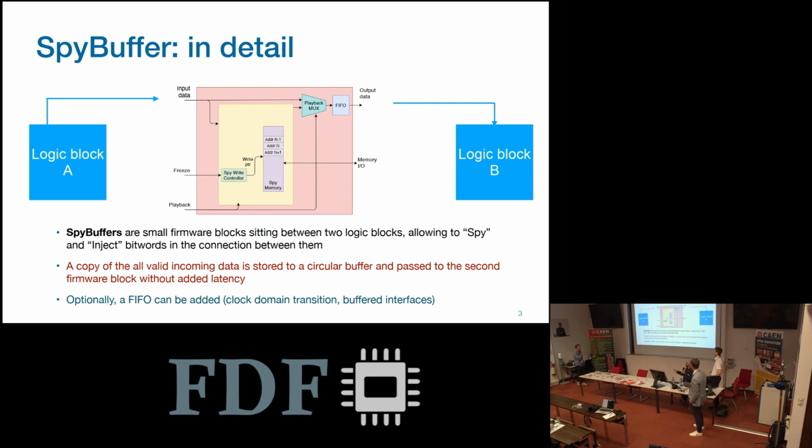You make the timing, then you add the Spybuffer, and the timing is not met anymore. I think that it may happen if you add many Spybuffers, and the clock difference between the control path and the data path is in a particular way that essentially your logic doesn't meet timing. This can happen, but when it's like this, you can act also on the number of Spybuffers that you have, and you can check if this can be fixed.